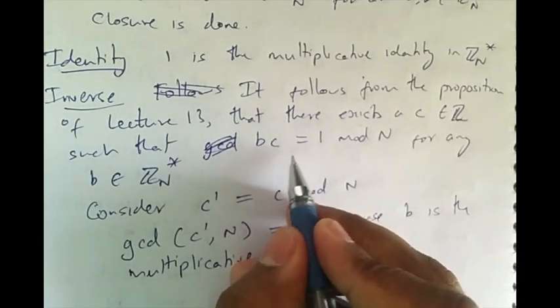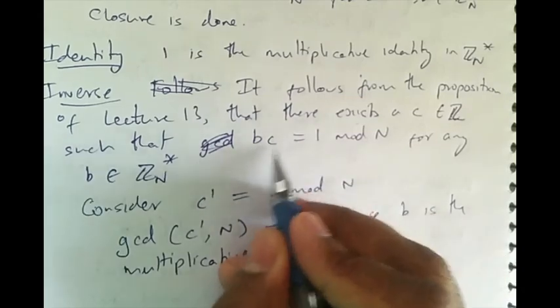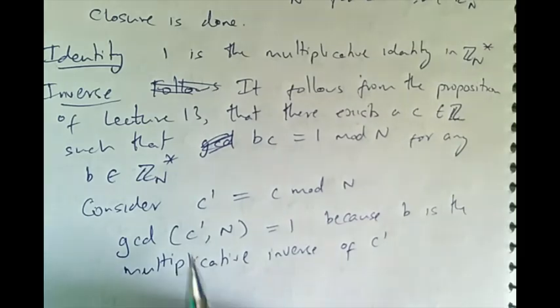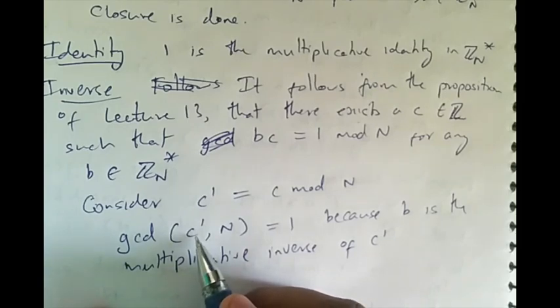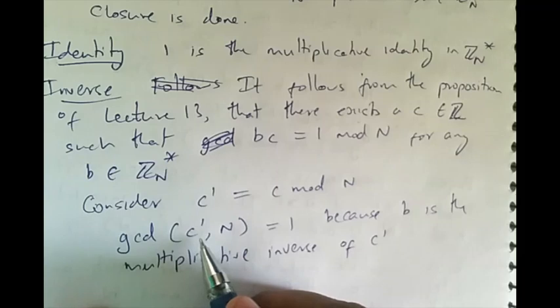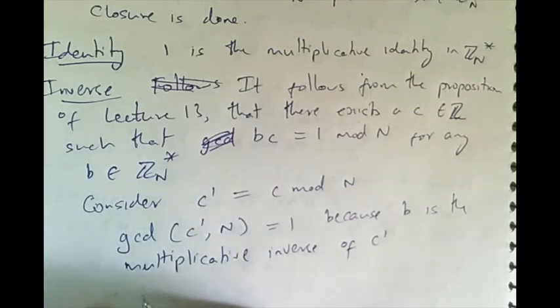Because if BC is 1, and I take mod n on both sides, BC prime will also be 1. All multiples of n will disappear. So B is the multiplicative inverse of C prime. So from the proposition again, the GCD of C prime and n is 1. Since n is greater than 1, C prime cannot be 0.